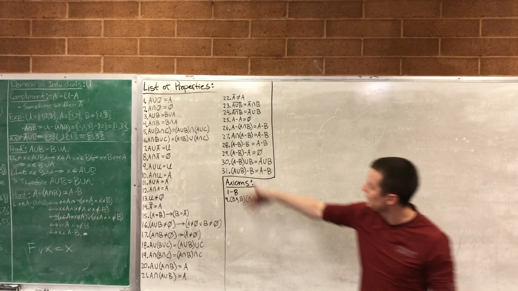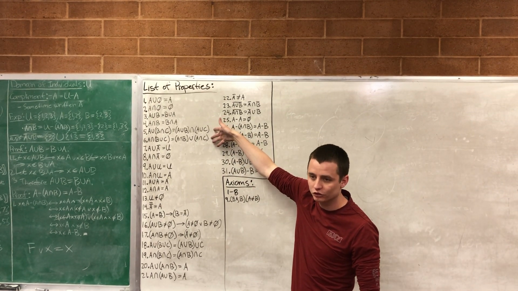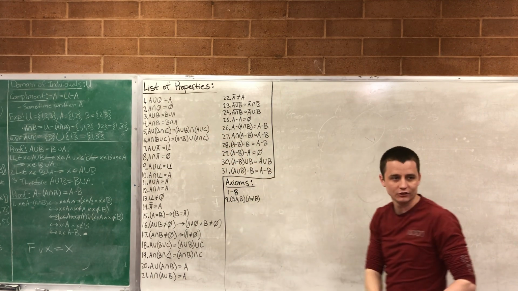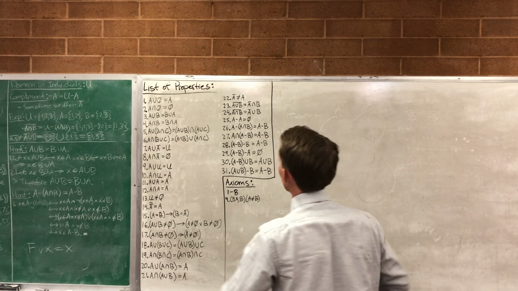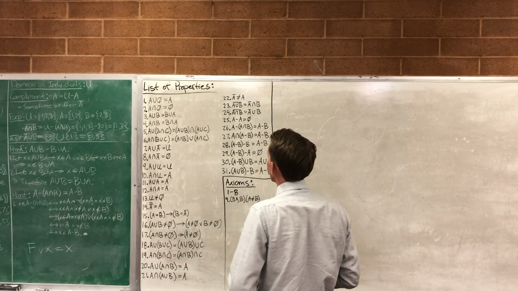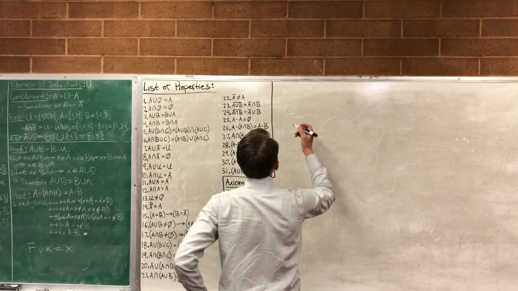So you should be able to see the logic at the heart of the proof just looking at that. It's going to be A and B or C. And you can just use set builder notation if you want.